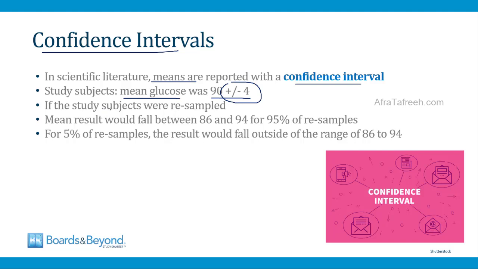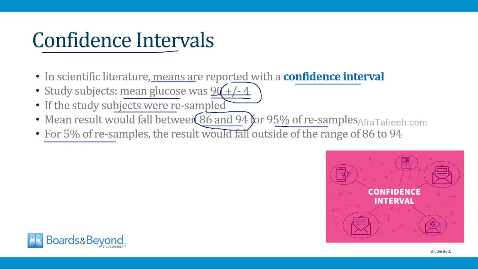And what this means is, if the study subjects were resampled, if we got another group of patients and did the same study again, the mean should fall between 86 and 94 for 95% of resamples. Because 86 and 94 is 90 plus or minus 4. That's the data range defined by the confidence intervals.